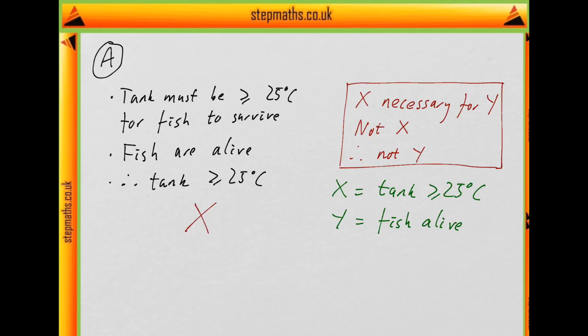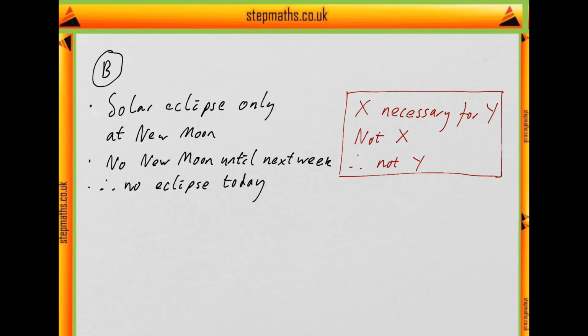So let's go on to B. B says that a solar eclipse can only happen at the new moon. So again, this is a necessary condition. It's saying something can only happen if something else happens. So being the new moon is a necessary condition for having a solar eclipse. So that means we're looking for the next sentence to be that there isn't a new moon.